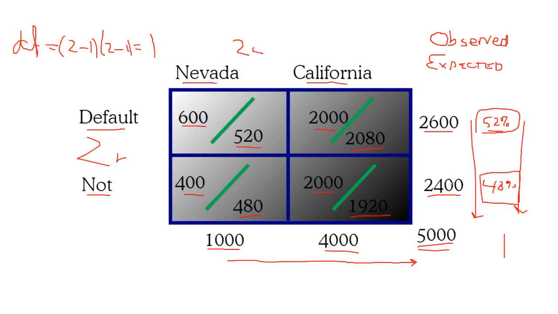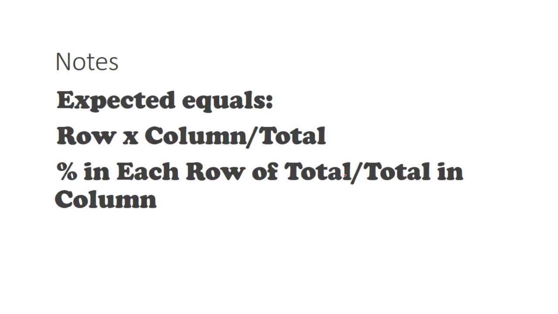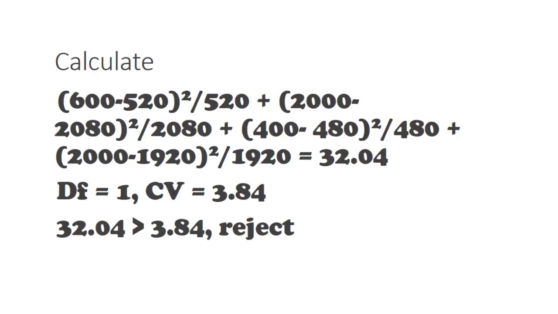And take 4,000 times 2,400 divide by 5,000, that number goes there, right? So this number would be that number times that number, and that whole thing divided by that number. Okay? So you either do row times column divided by total, or you do the percent in each row. Hopefully we got that by now.